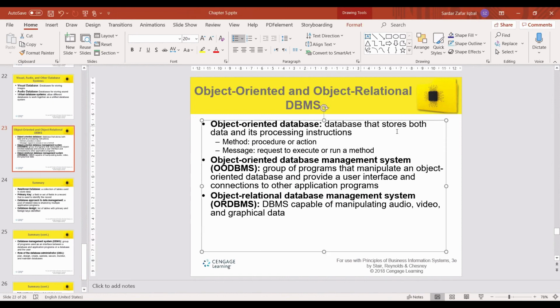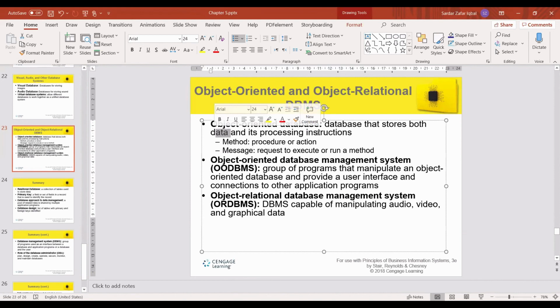So an object-oriented database stores both data and its processing instructions. A method is a procedure or function, and a message is a request to execute or run a method.